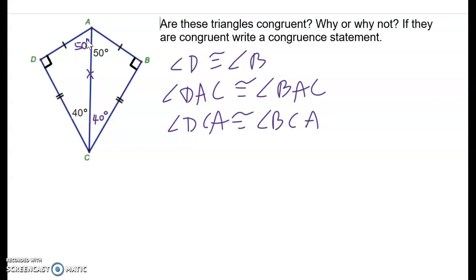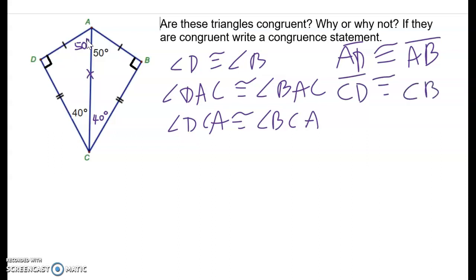And we also know that AD is congruent to AB, and CD is congruent to CB. And we also have this interesting statement that says AC is congruent to itself. So we have three angles and three sides. Therefore, our triangles have to be congruent.